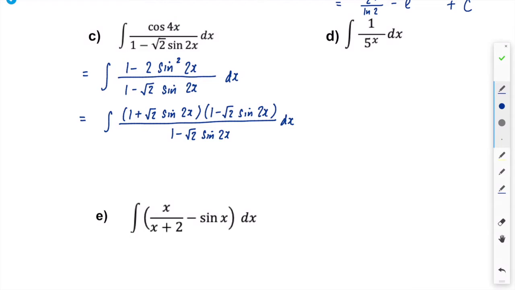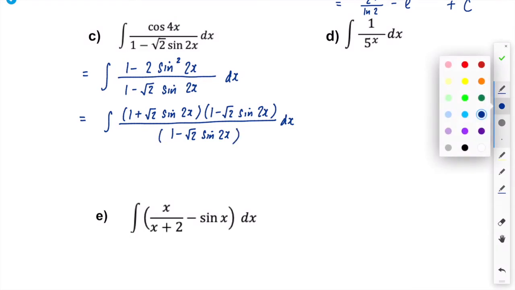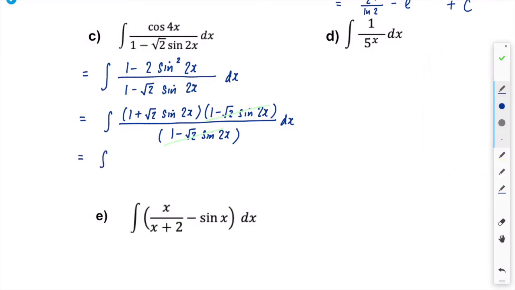This way, I can simplify. And it turns into the integral of 1 plus square root of 2 sine 2x dx.